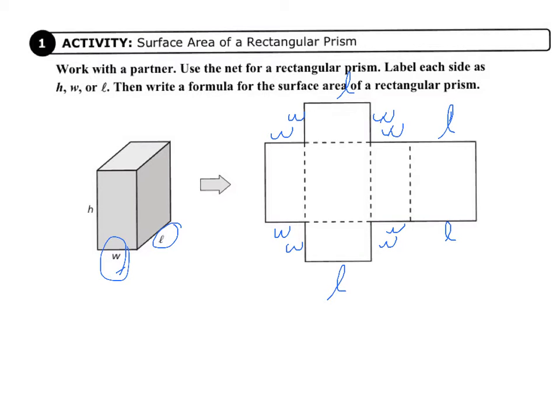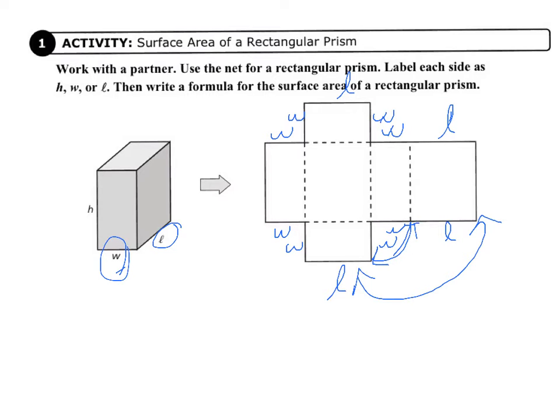So you can see how if you folded this up and you matched these two together, if we connected that, these two sides would also connect up. The two L's, those would connect with each other.